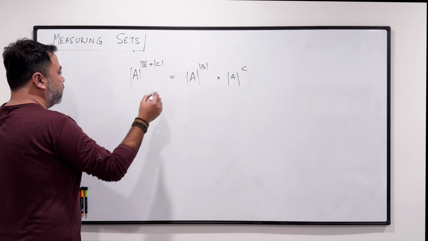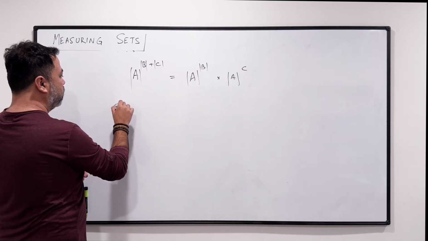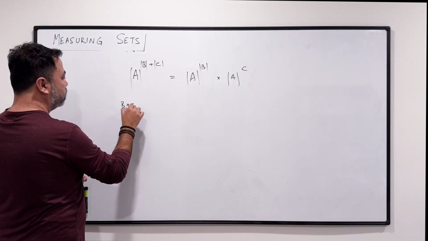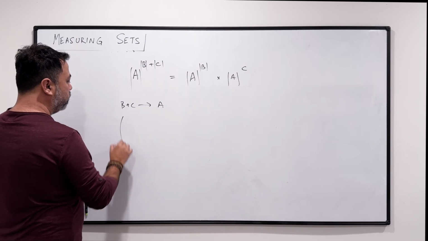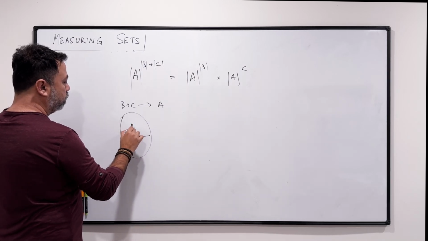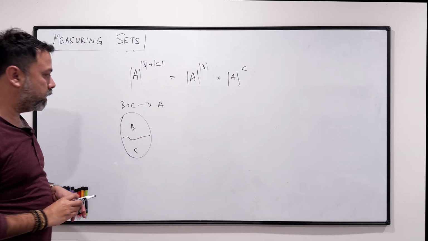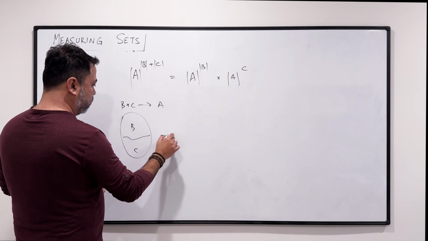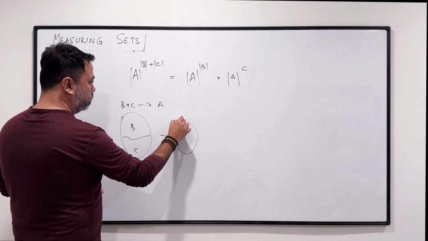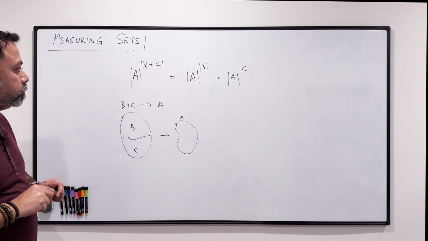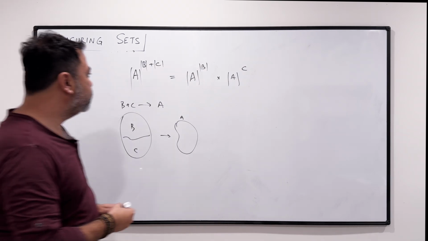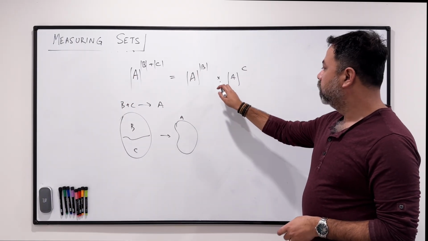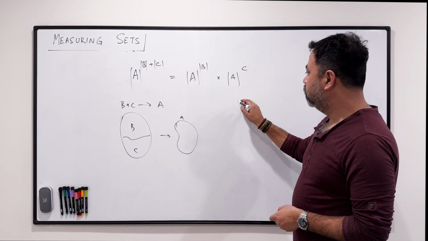Well, let's see. What does this correspond to? This corresponds to b plus c to a, which means the picture is that you have a b and a c as an input set, and you're mapping to some set a, right? And on this side, you have basically pairs of functions.